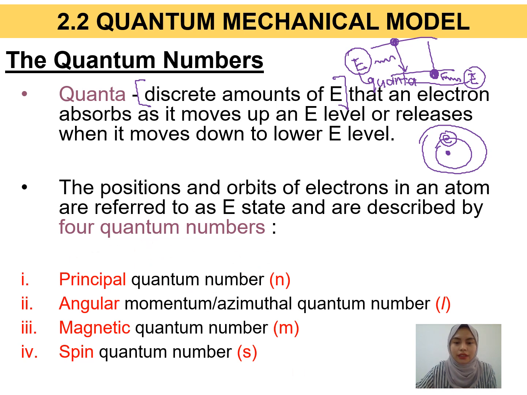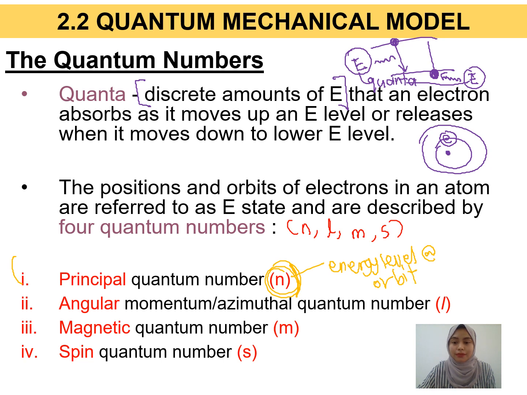You have N, L, M, and S. N is the principal quantum number, L is the angular momentum quantum number, M is the magnetic quantum number, and S is the spin quantum number. We will discuss all of this later, but I'm pretty sure that you have met the principal quantum number before. N is the energy level or orbit of the electron that surrounds the nucleus. The rest of it you haven't met yet, but we will discuss this later.